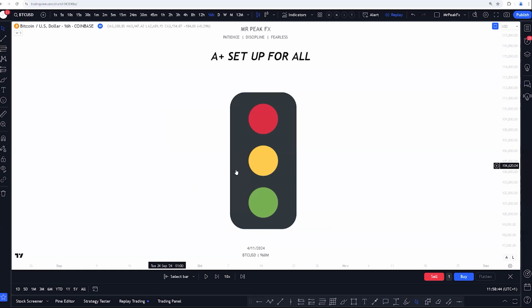So from what you can see, I have the usual traffic sign that you guys know, which is your red, your yellow, and your green. Conventionally, at the traffic light, the three major colors you see are the red, the orange or the yellow, and the green. And they signify something.